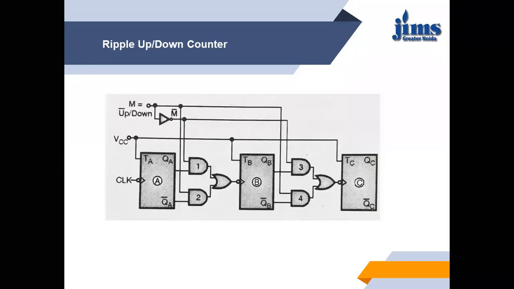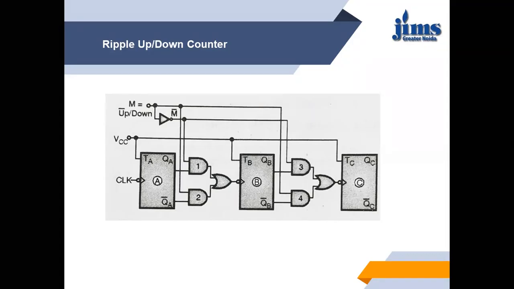So the design is clear. Here we have used another pin, M. M is connected to gate number 2 and gate number 4. M bar is connected to gate number 1 and gate number 3. So whenever M is 1, M bar will be 0, so gate number 1 and 3 will be deactivated.